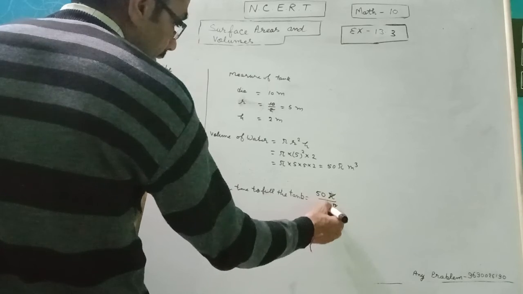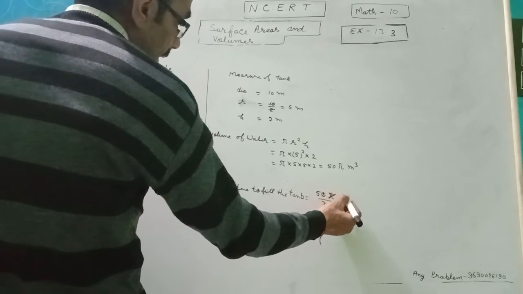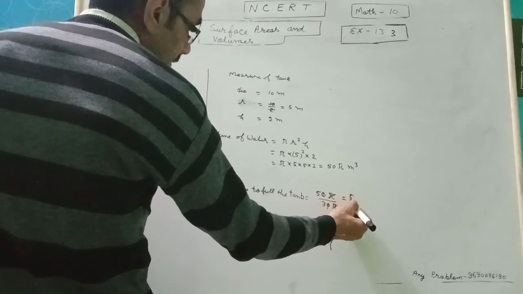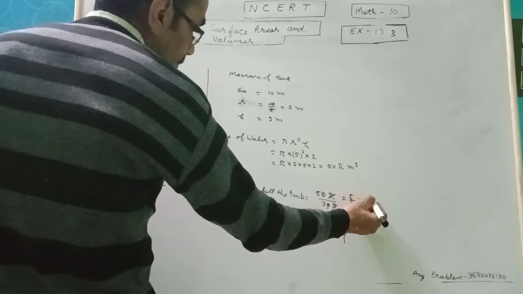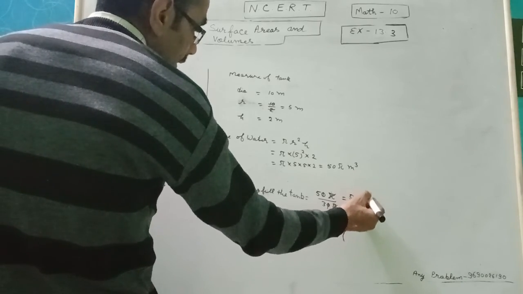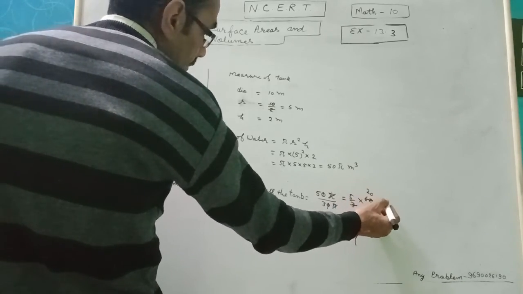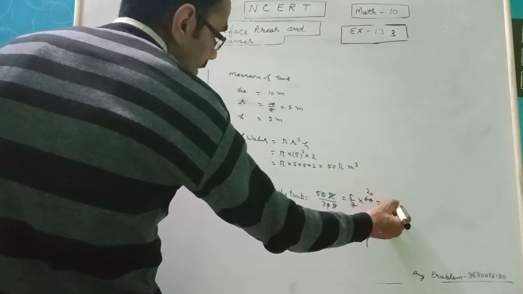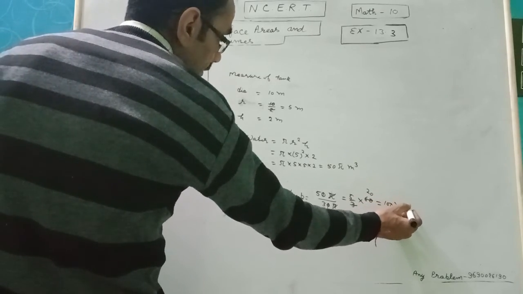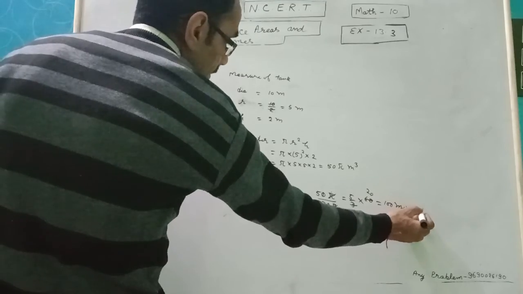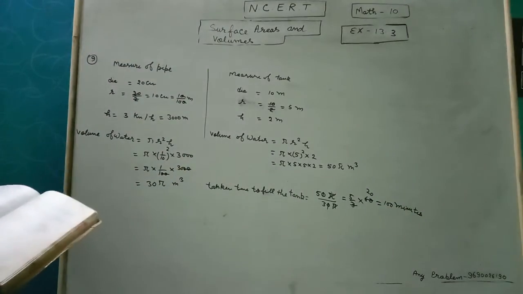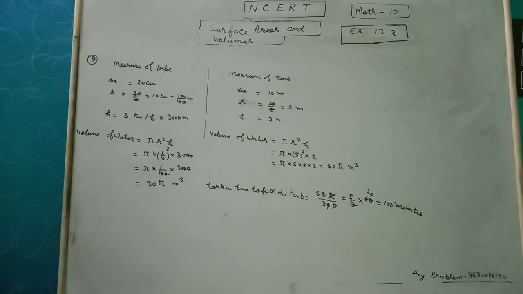Pi cancels pi, zero cancels zero, and 5 upon 3 hour. Change into minutes: 300 and 100 minutes. Time taken by the pipe to fill the cylindrical tank. Thank you.